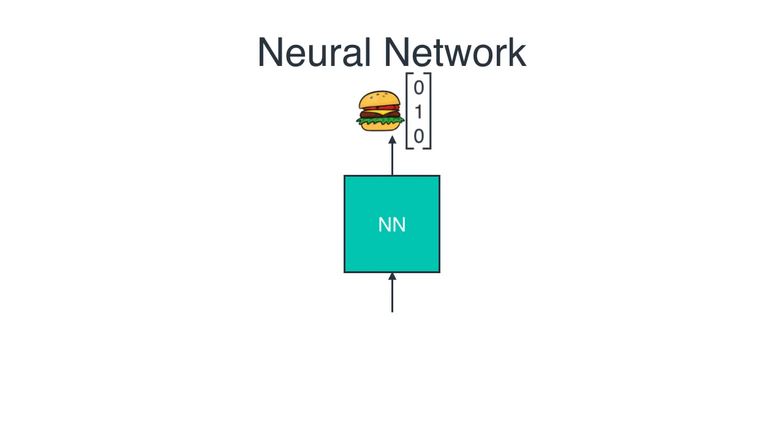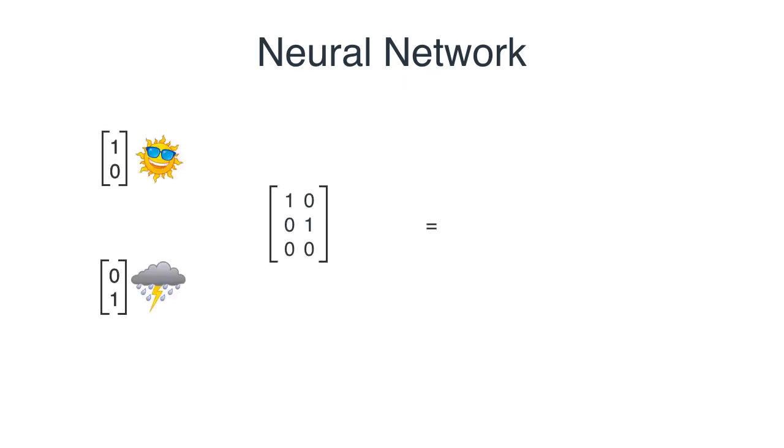And this neural network is actually just a very simple matrix. So this matrix works like this. And if you're not familiar with or if you need to brush up on matrix multiplication, there's a lot of videos that I recommend. In particular, Khan Academy has some pretty good videos. But this is how it works. I take my matrix, and if I multiply it by the vector 1, 0 corresponding to a sunny day, my result is the vector 1, 0, 0 corresponding to an apple pie.